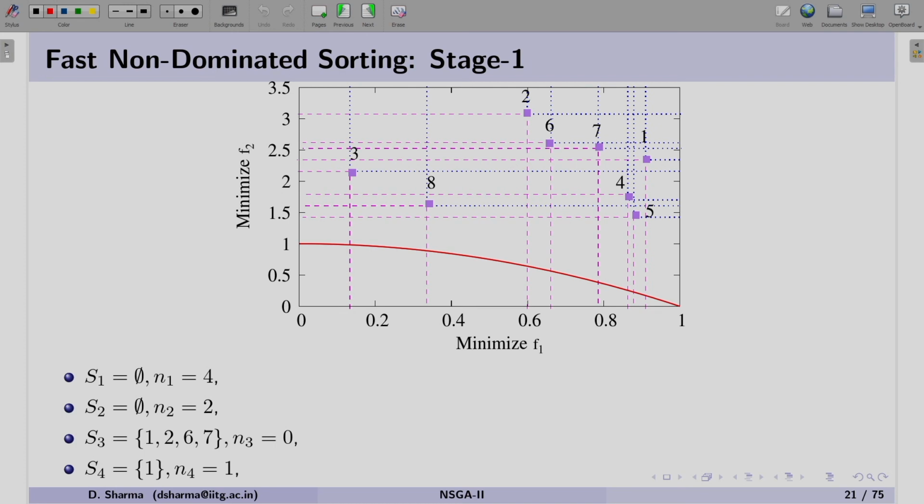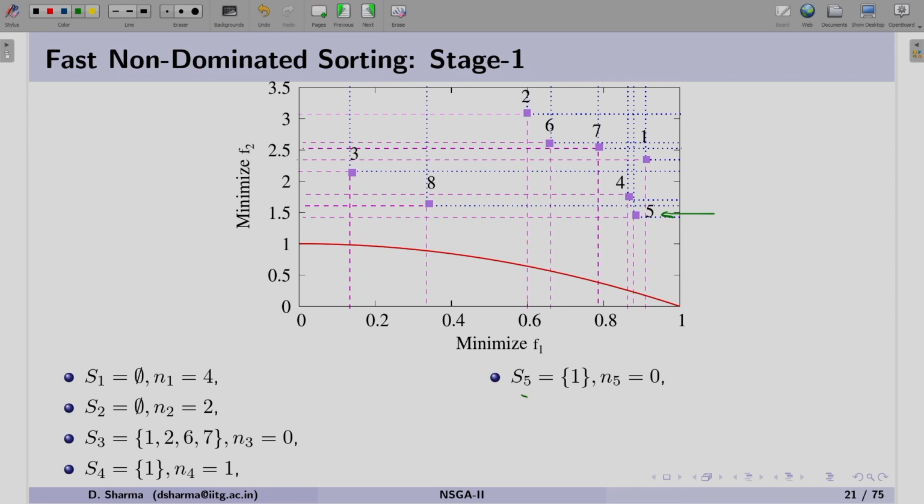So if we follow the same procedure for all the solutions, we can see that solution 4 is here, and looking at the first and the third quadrant, we can see S4 is empty and N4 is 1 because 4 is dominated by 1. Similarly, we can look at solution 5.